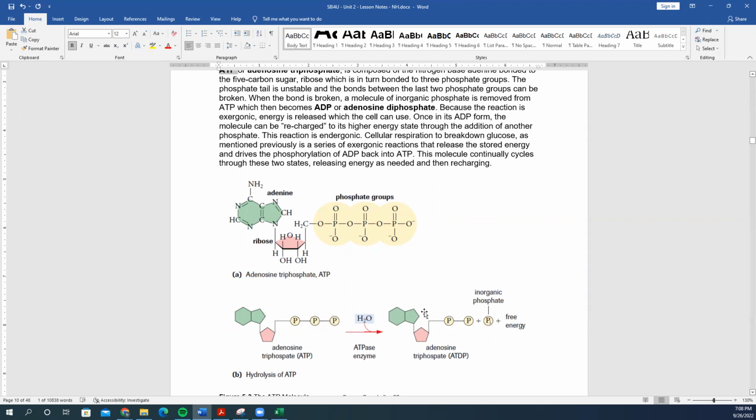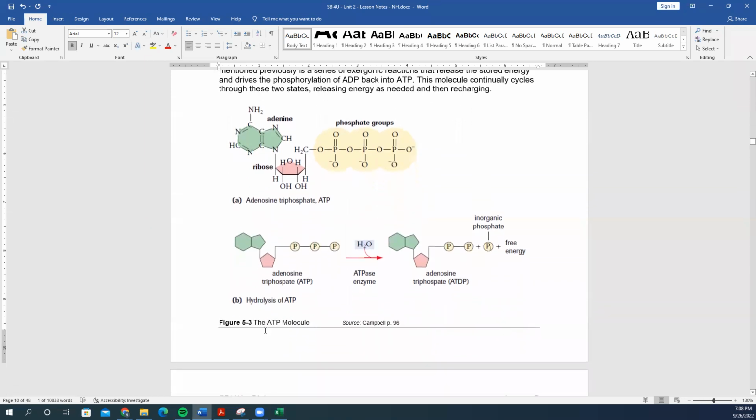And now that this ADP is formed, the molecule can be recharged back to its high energy state, to go back to being ATP, if you have an addition of phosphate back again into your ATP.